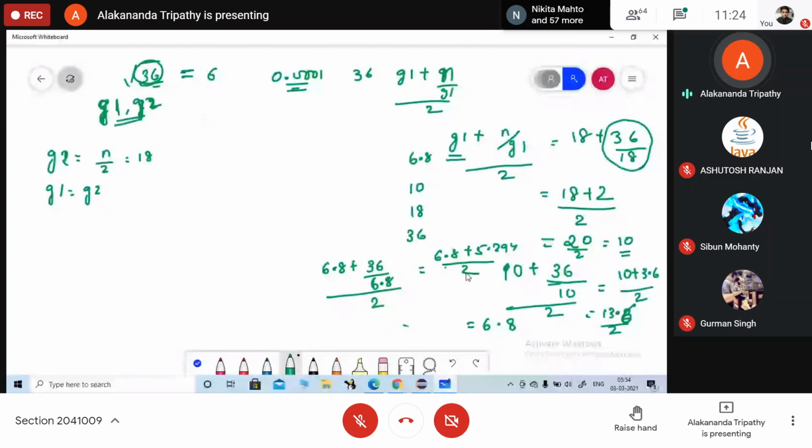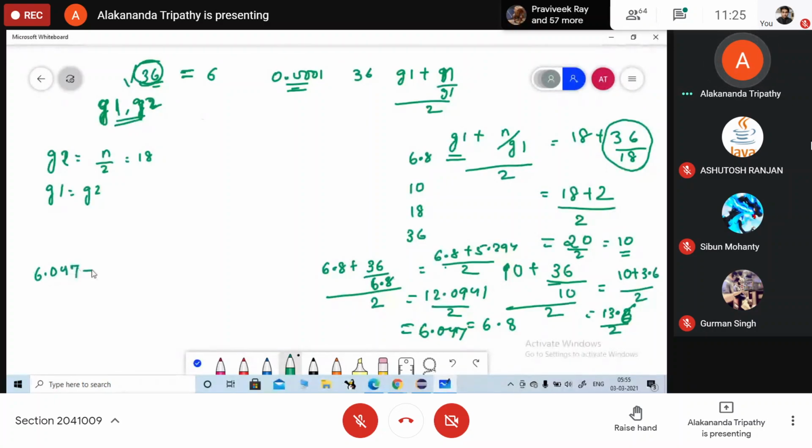So here it will be 6.04. 12.1 divided by 2. So approximately कितना आ गया? 6.047. Again फिर फॉर्मूला में डालो.